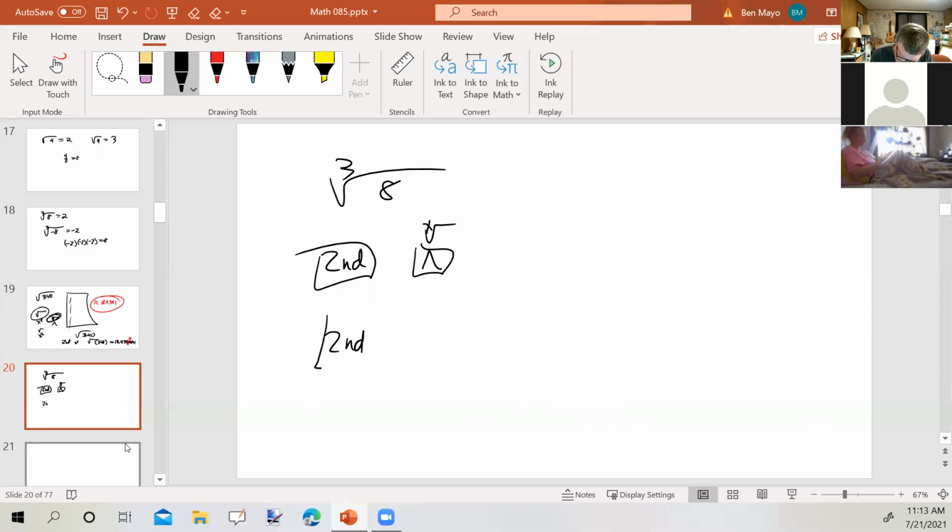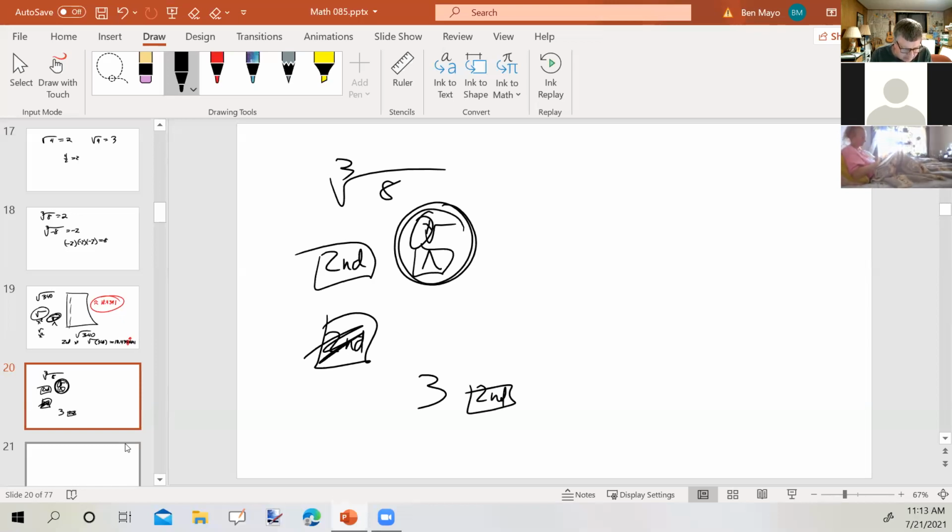Now, I have to tell the calculator what index I'm going to use before I access this button. So in fact, even before I push the second key, I'm going to start out by going 3. Okay. Then the second key.